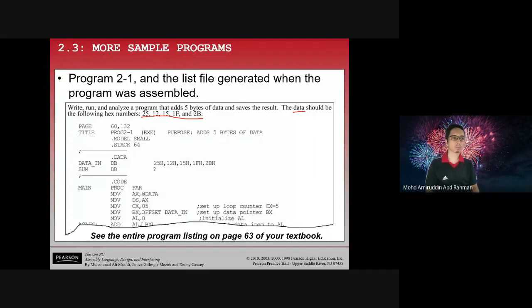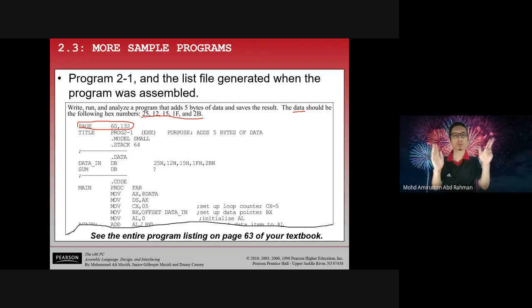For example here, we have page. Page is what we're going to print. We're going to print a maximum of 60 characters for the column, so you will look at that in the horizontal direction, from 1 to 60.